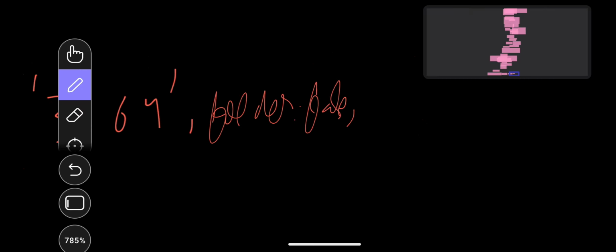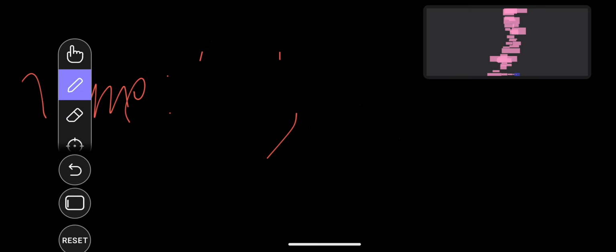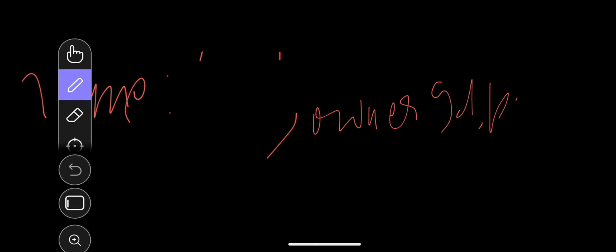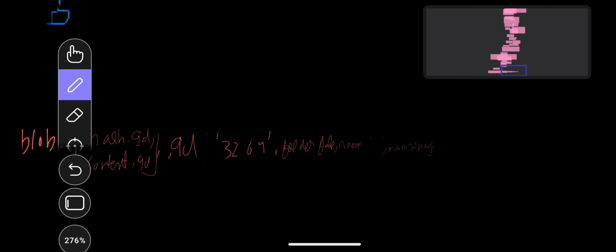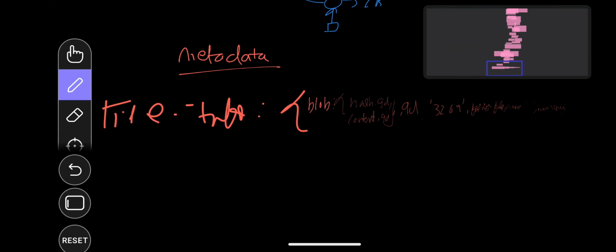And then we can have the name of the file, whatever the name is. Then we can have owner ID, to make sure that we know who the owner of this is. And then we can have the parent, which folder it belongs to. So this is the file information, right?